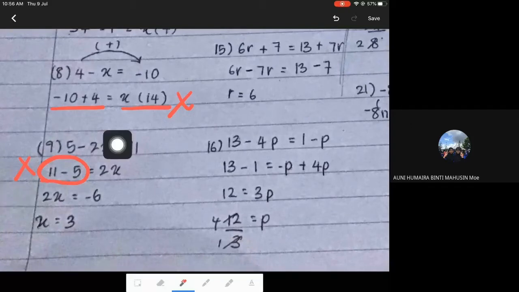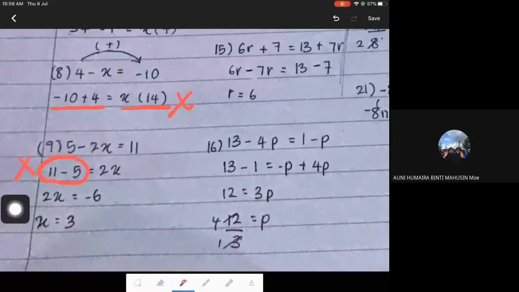Negative 2x, you dah daripada kiri bawa ke kanan. Jadi negative 2x. And then here, 5. Alright, so the answer should be sini 2x. 2x betul. 5 ada kat situ. 5 is positive. Positive 5. Okay.